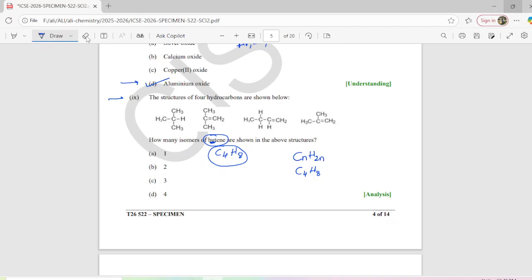Here it cannot be an ene because all are single bonds. Here this is an ene and it has formula C4H8. So this is an isomer of butene, and even here this is also an isomer of butene, C4H8, and here this is also an isomer of butene, C4H8. So the question is, how many isomers of butene are shown in the above structures?